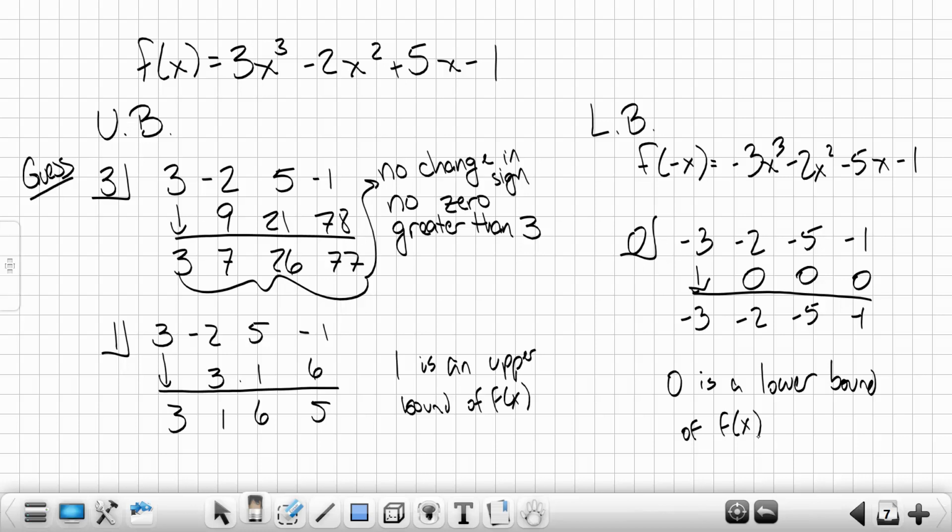We have to be careful, and let me talk about that after people are done writing. Since it says f of negative x, why is it negative 2 positive 2? Because it's squared, so even if I make it negative x, it'll just turn it back into a positive, so it won't change the sign.